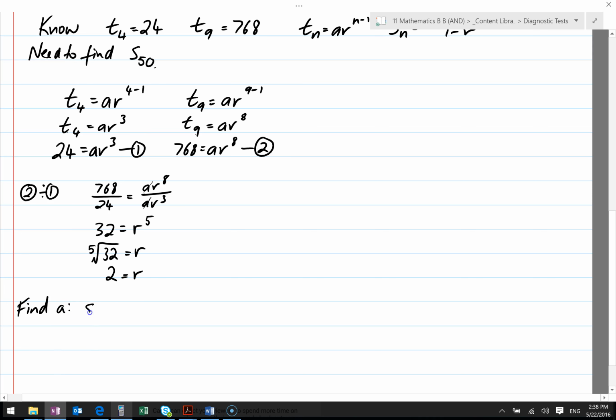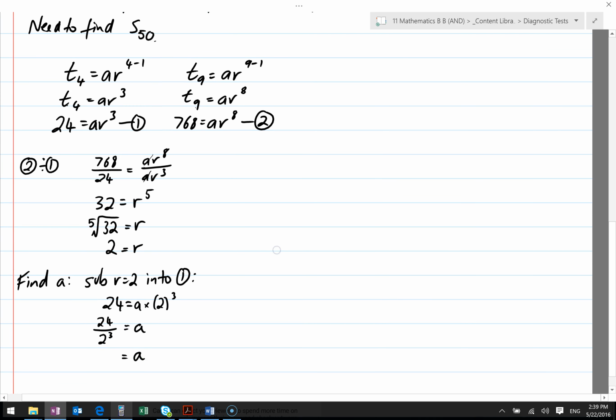So I'll sub R equals 2 into equation 1. So 24 equals A times 2 cubed, just replacing R with 2. So A is 24 on 2 cubed, and it's just a calculator exercise from here. So 24 divided by 8 should give me 3.